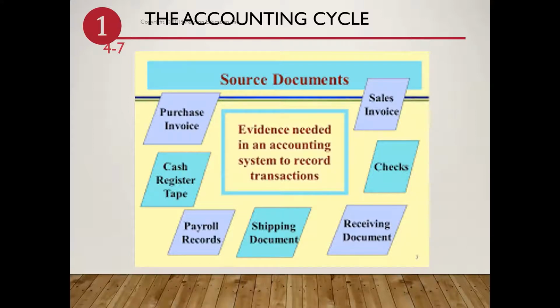So a mechanism that is needed to relay the essential information about each transaction to the accountant is the source document. Source documents such as sales invoices, bills from suppliers, cash register tapes, purchase invoices, and shipping documents all serve this need.